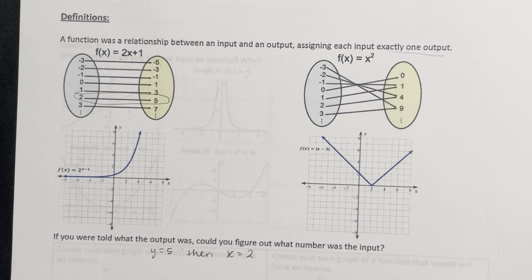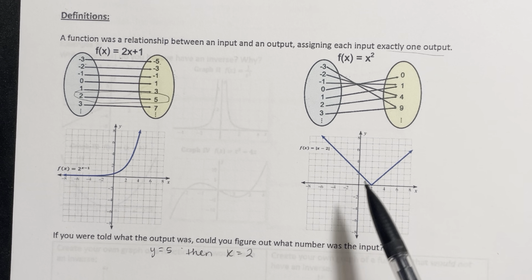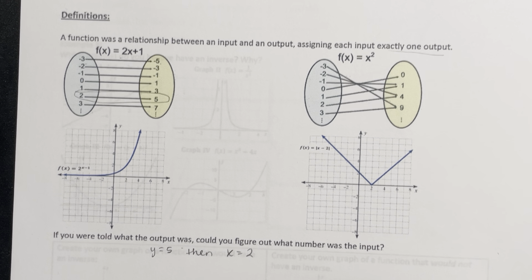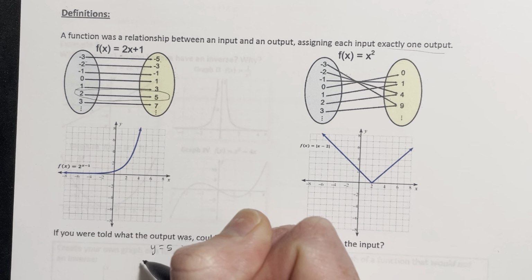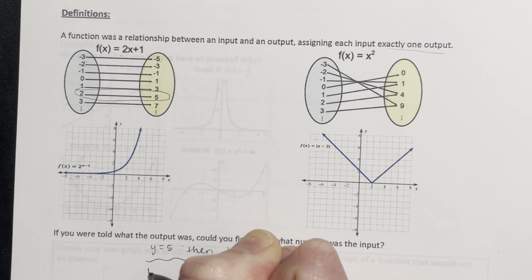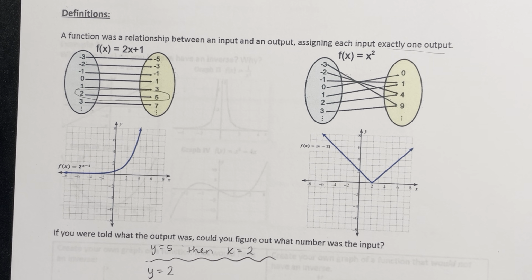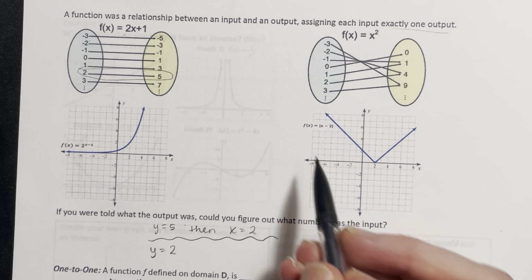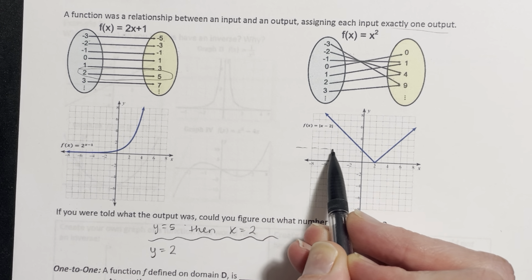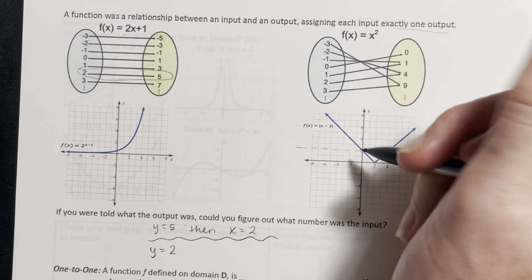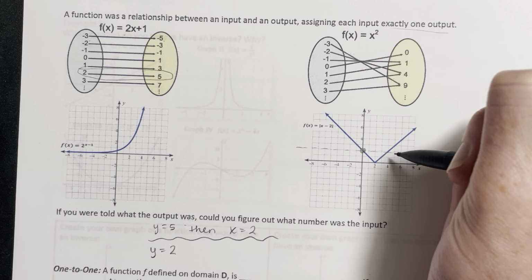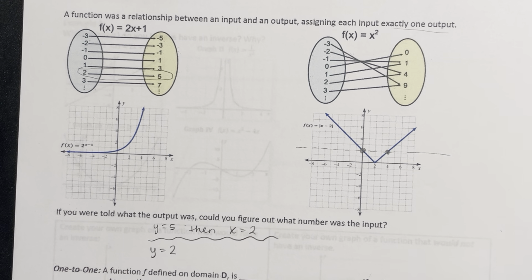We can look at the last graph, this last function, and think about, well, what if we were told that, in this case, y equals positive 2? If y was equal to 2, we can see that the function is equal to 2 twice, once at 0 and once at positive 4.